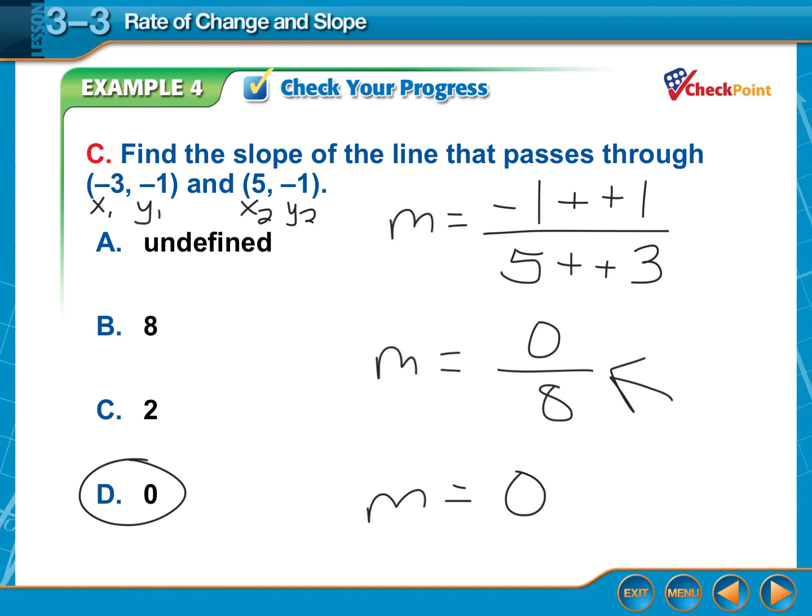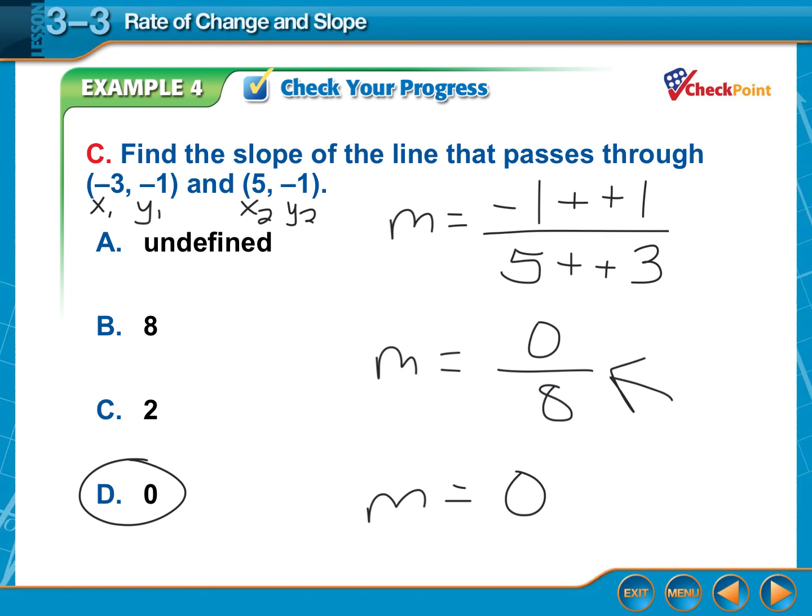If I have 0 divided by a number, that is okay. If I have a number divided by 0, that is no. Can't do that. If 0's on top, that's okay. If 0's on the bottom, that's a no.